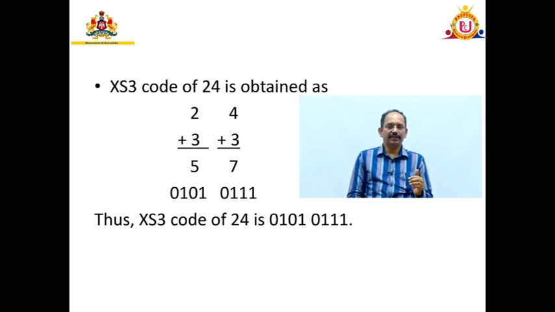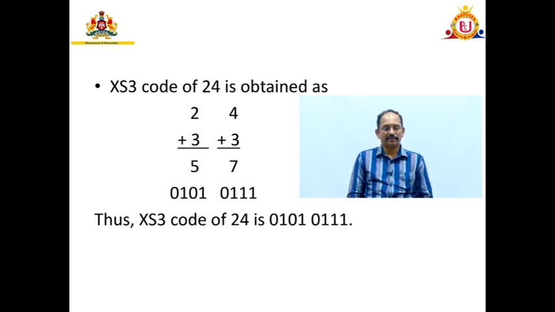For each digit, the value 3 is added. That makes 2 plus 3 is 5 and 4 plus 3 is 7. Now the result obtained from this is converted to a binary number.